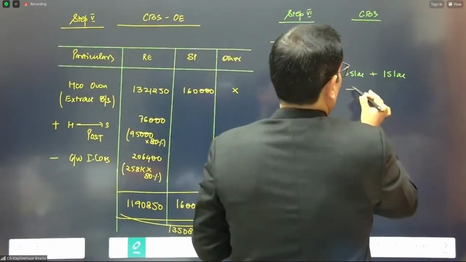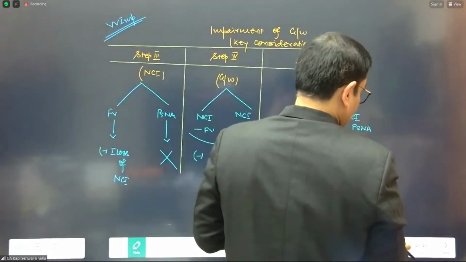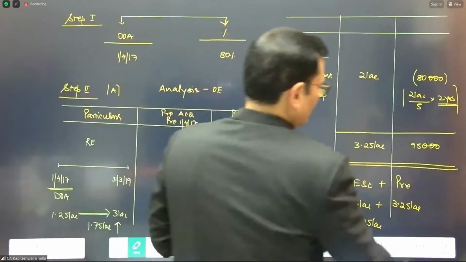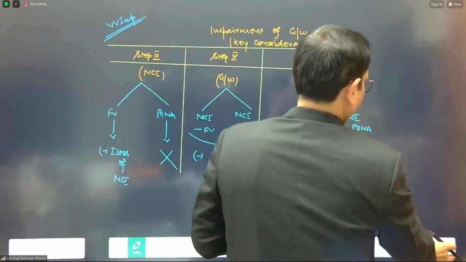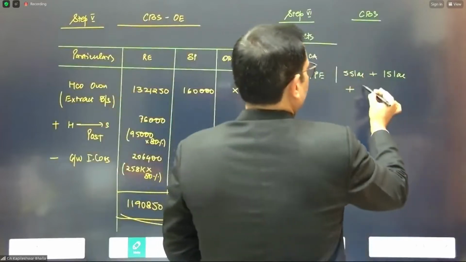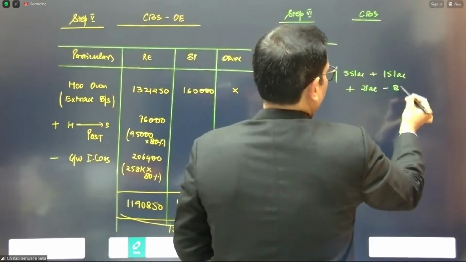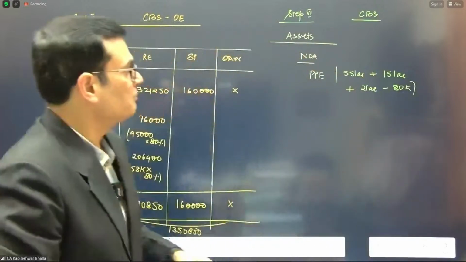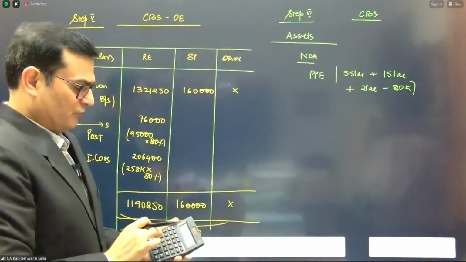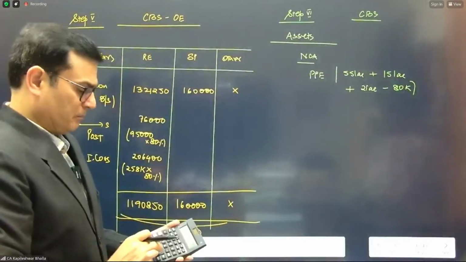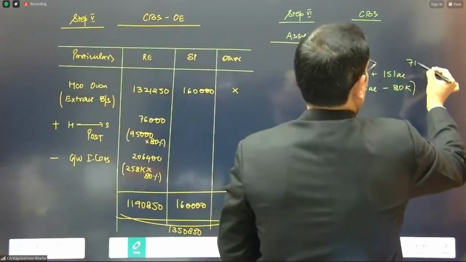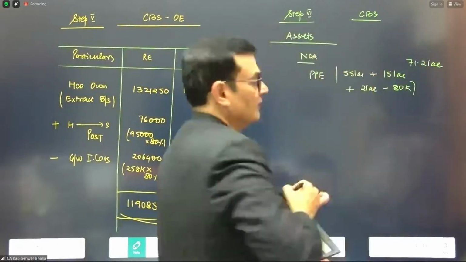Then there are fair value adjustments. I need to go back. That was, I think, 2 lakhs and 80,000 additional depreciation. So 2 lakh is the fair value adjustment and 80,000 is the additional depreciation. So we get the figure of PPE: 55 plus 15, 70, plus another 2 minus 80,000, that works out at 71.2 lakhs.